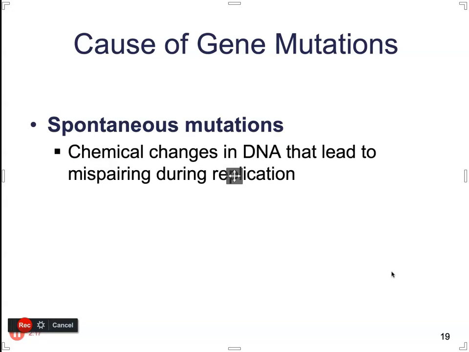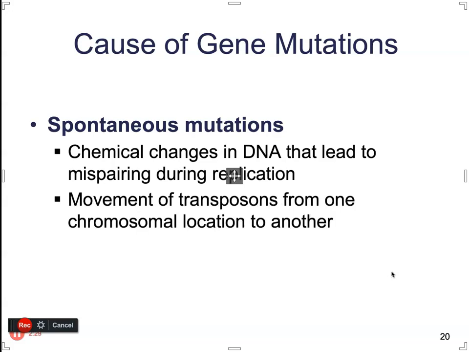So like I said, spontaneous mutations can be associated with a number of different processes. These are typically chemical changes in DNA that lead to a mispairing during replication. Or there might be short movable segments of DNA called transposons that can be switched from one chromosome to another, or they can actually slide around and move within the chromosome itself and cause mutations that way.